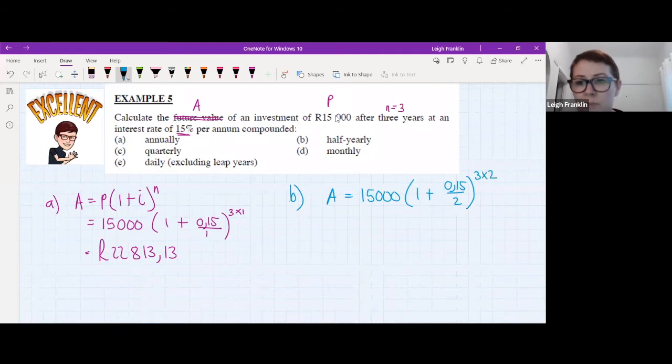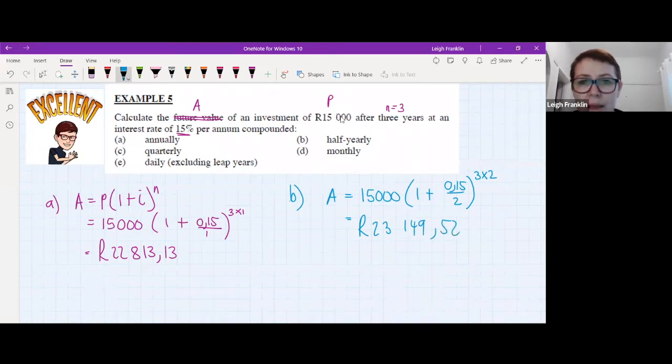We have to multiply n by 2. So what we divide I by, we multiply n by. All right, so this n represents the number of times that the interest is compounded in the period. Okay, so Juanita, you were saying here, and Liam as well, 2, 3, 1, 4, 9, 5, 2.